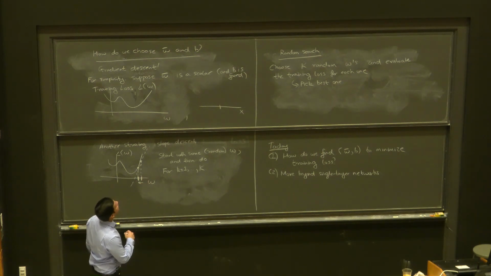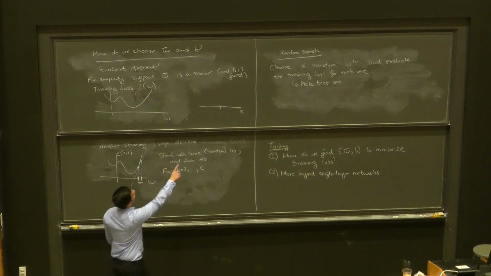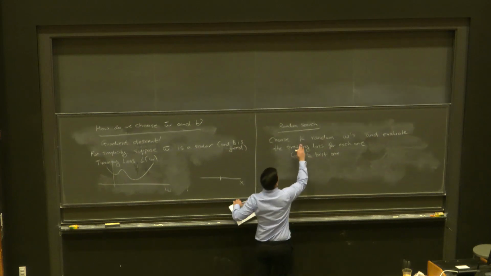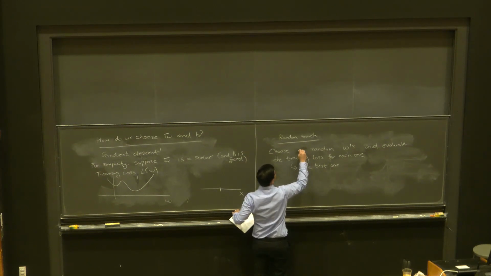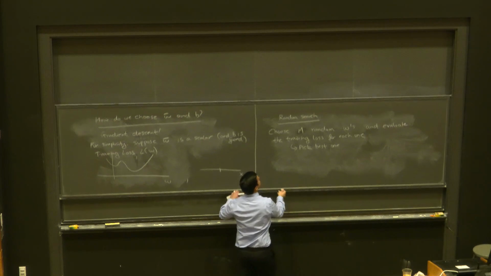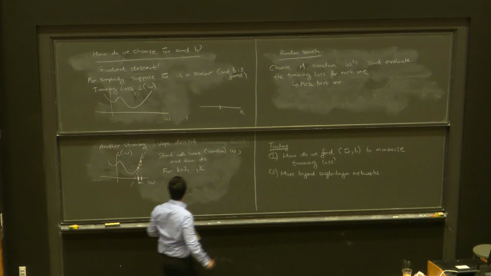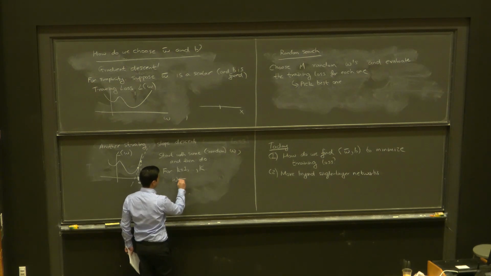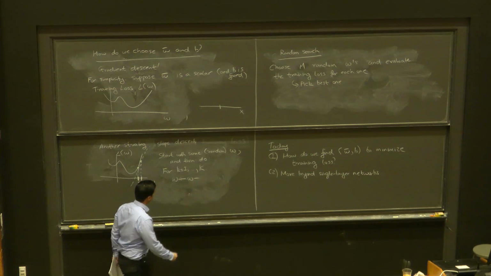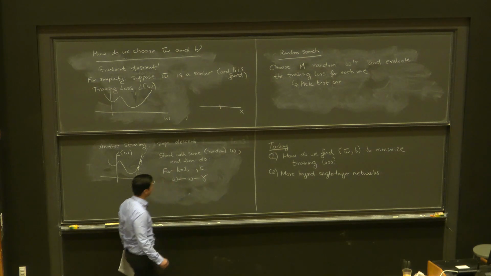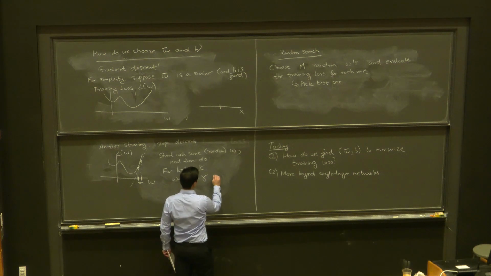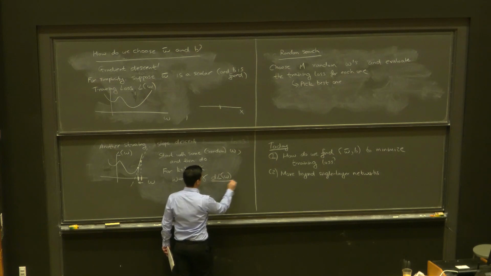Oh no, I used the same letter over there. Let me just change that. It's not the same K. Let's say this is M or something. So for k equal to 1 through K, we update our W: W minus some scalar, gamma, multiplied by the slope, dL/dW.